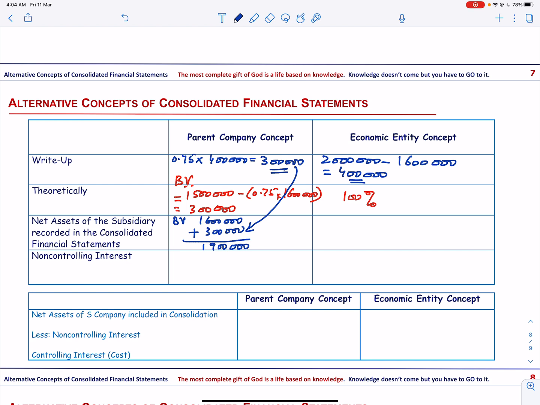On the date of acquisition, the net assets of the subsidiary are included in the consolidated financial statement at their book value, that is 1,600,000, plus the entire difference between their fair value and the book value, and that is what we have calculated as 400,000. So this is equal to a total of 2 million.